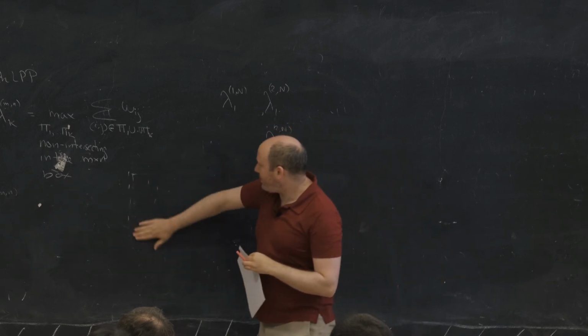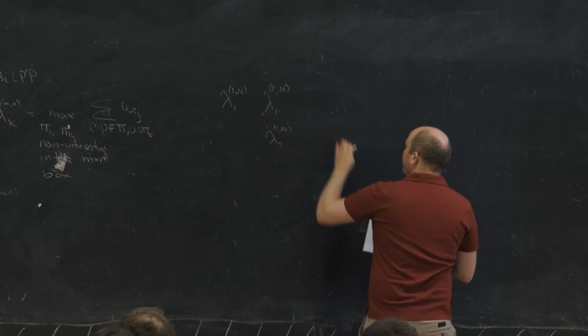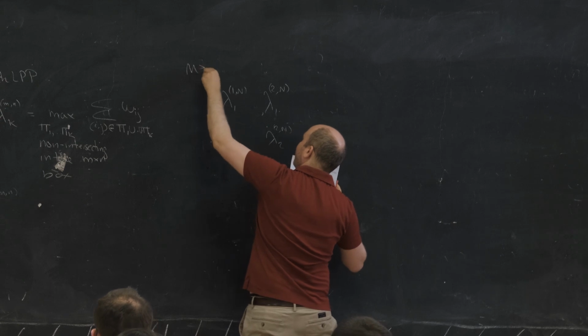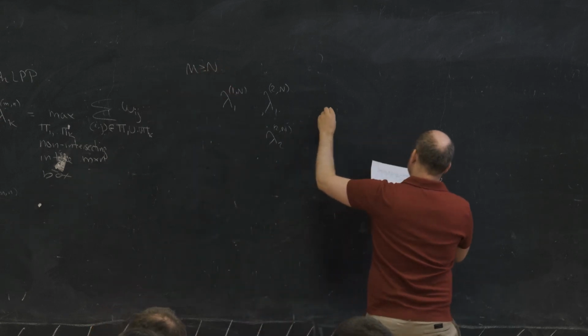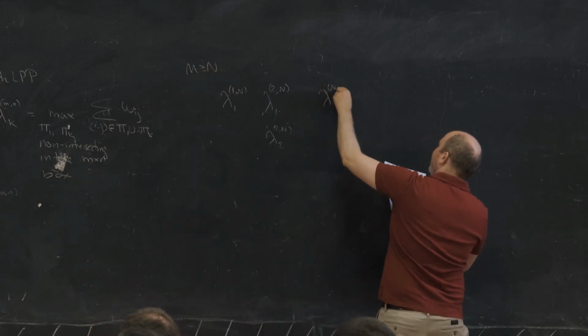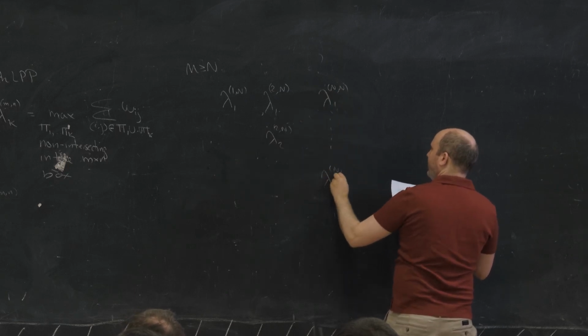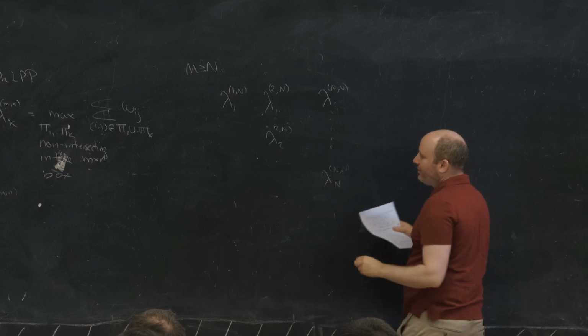But in any case, if you continue in this way, let's assume m is bigger than n for the sake of this picture. You get up to lambda nn, and that will have, by the same argument, the capacity to support n paths.